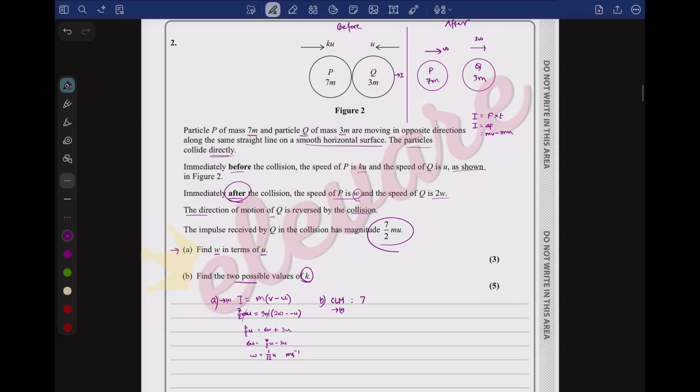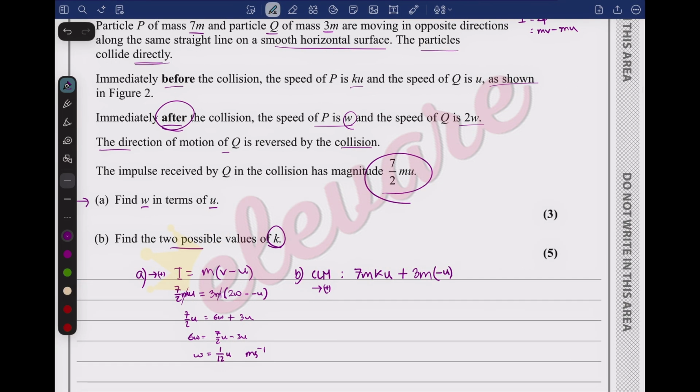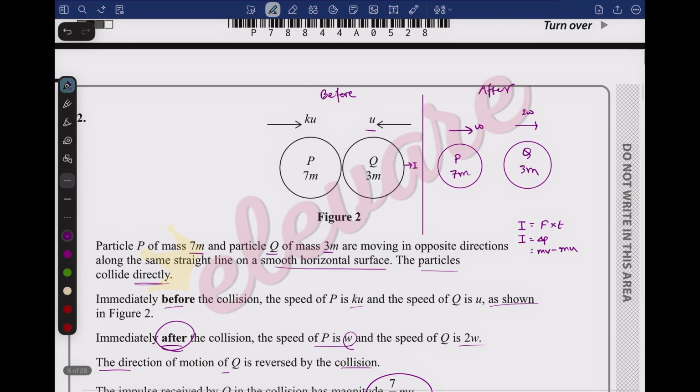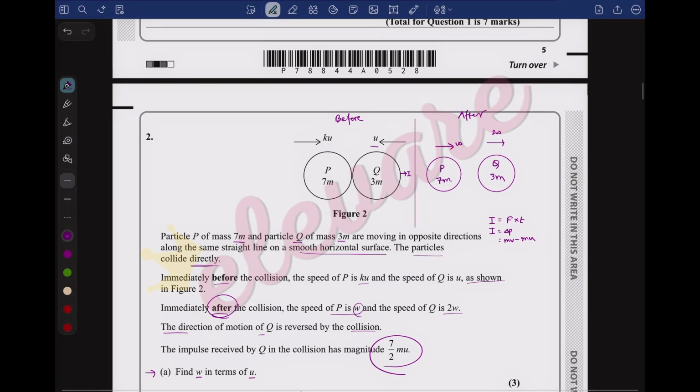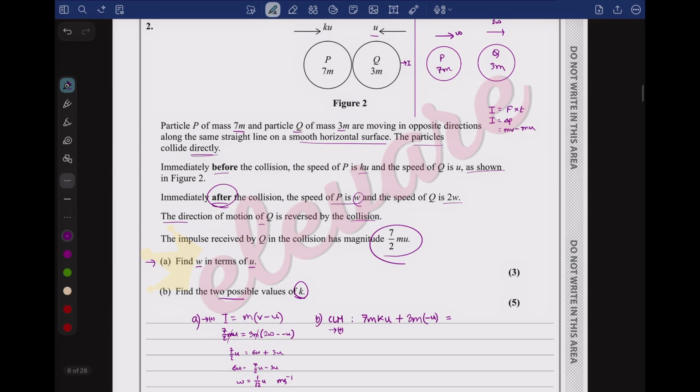So we have momentum of P, which is 7m times ku, so 7m ku, plus the momentum of Q is going to be the mass multiplied by the velocity, u meters per second to the left, and we consider the right side as positive, so we're going to have to add a negative in front of that velocity, equal to, what is the momentum after the collision for this specific scenario, when we're just assuming that P is moving to the right, or the direction of P hadn't changed. So 7mw plus 3m times 2w.